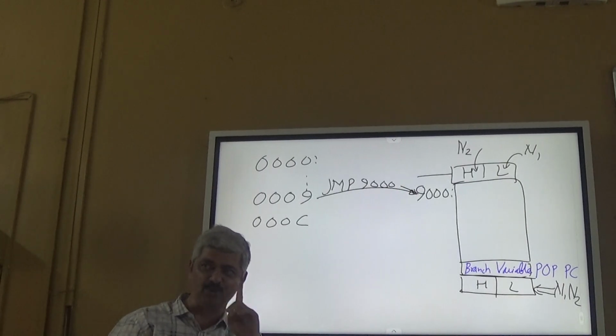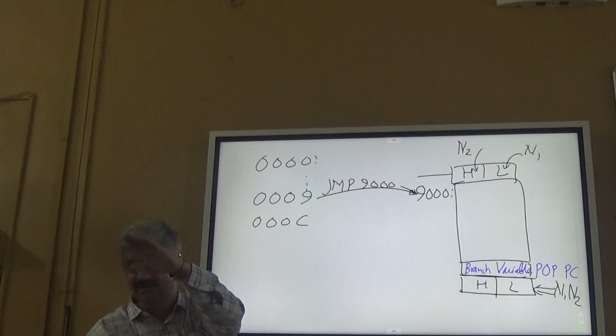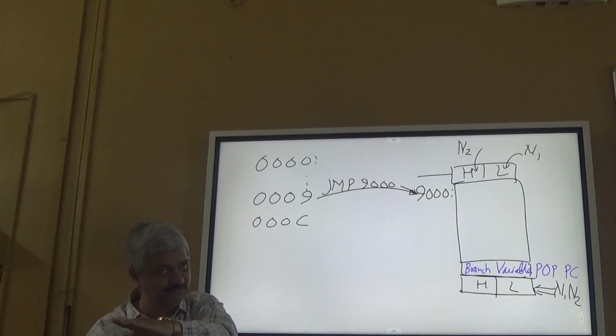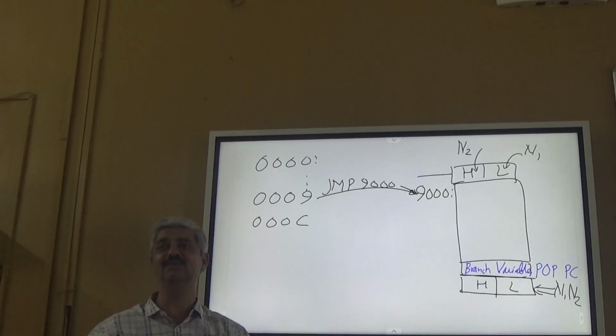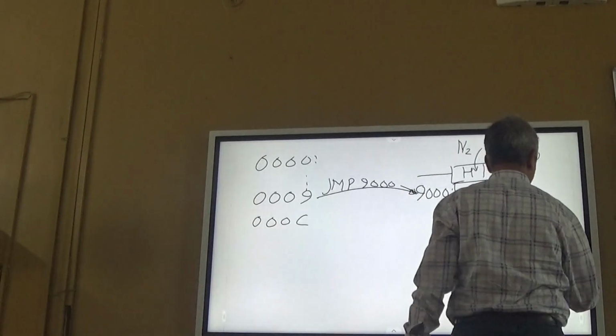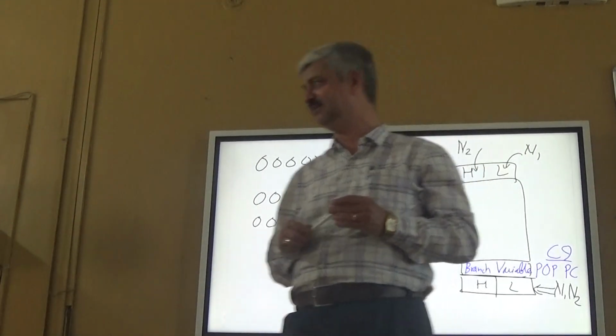So pop program counter, what will it do? The program counter is otherwise automatically incremented by the microprocessor itself. So what will pop PC do? And the opcode of pop PC is C9.